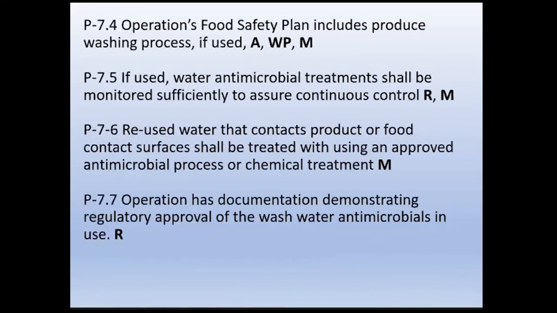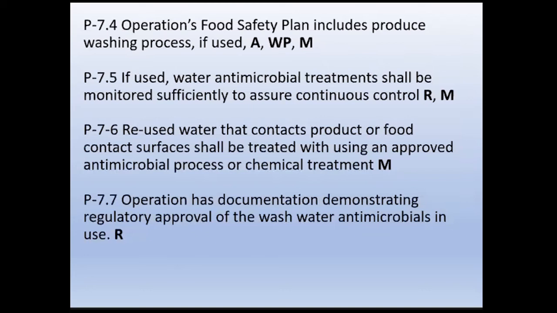All right. P 7.4, operations food safety plan includes produce washing process if used. Now we've got that A again. A risk assessment is required in this case, particularly if the commodity is in a high risk area, such as melons and tomatoes, that monitoring and records are appropriate for those particular commodities.